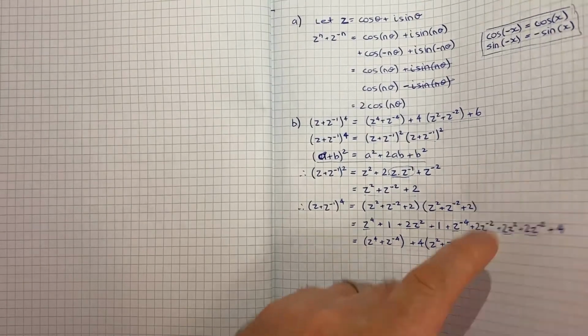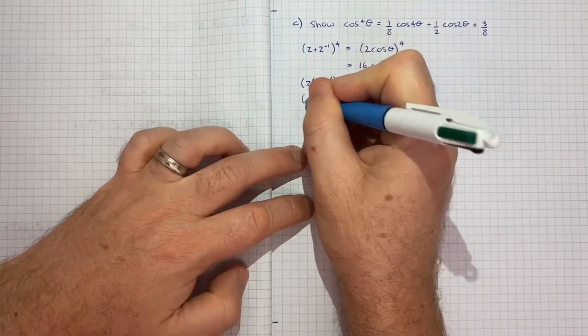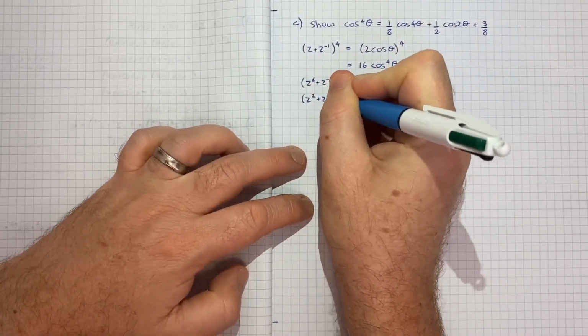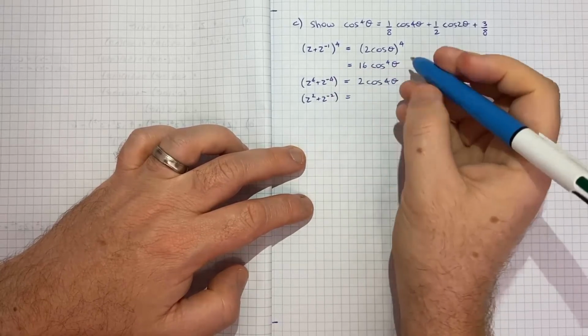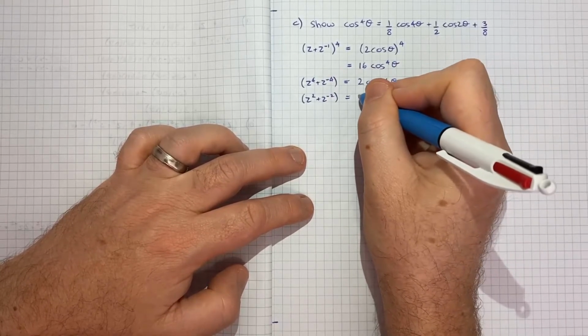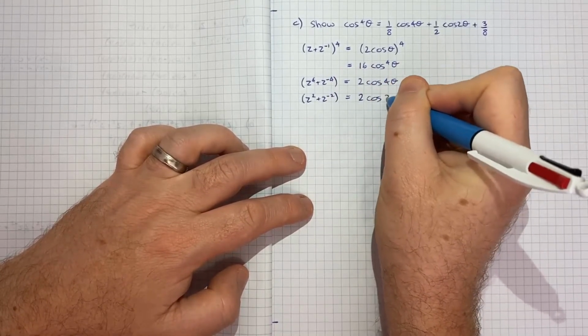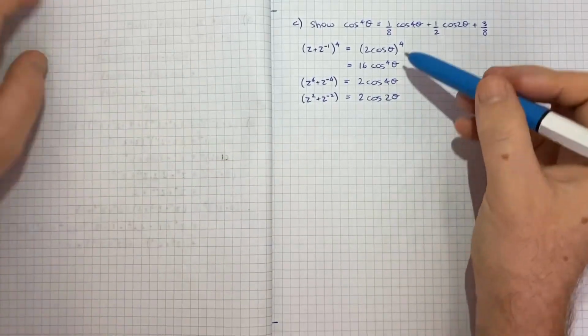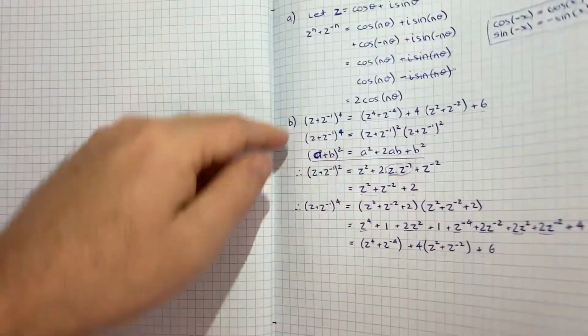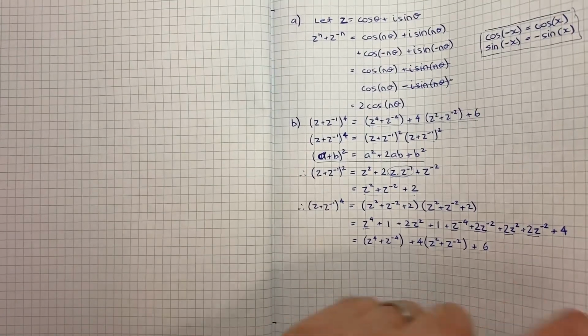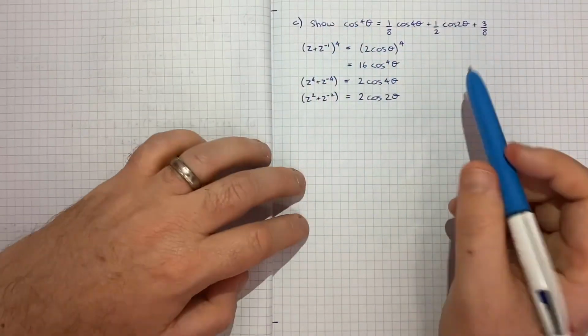And the other thing we have here is a z to the 2 plus z to the negative 2 is equal to 2 cos 2 theta. So now if I insert these results into what we showed in part B, we should then hopefully get the result.